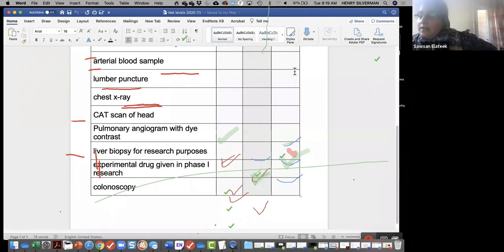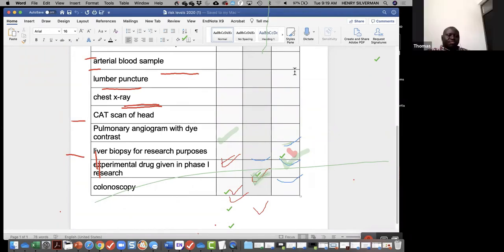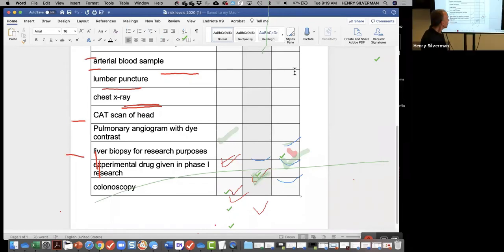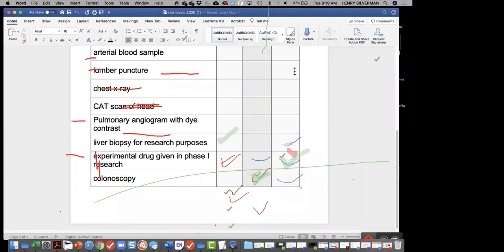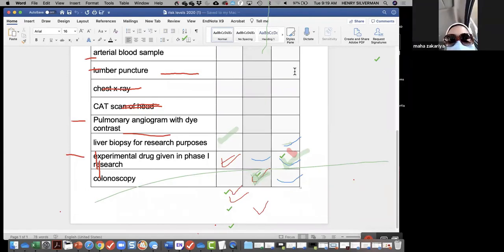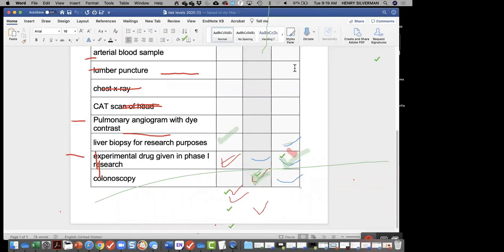Less than. What about an angiogram with dye contrast? Substantial risk. 3. Okay. Substantial, yeah.